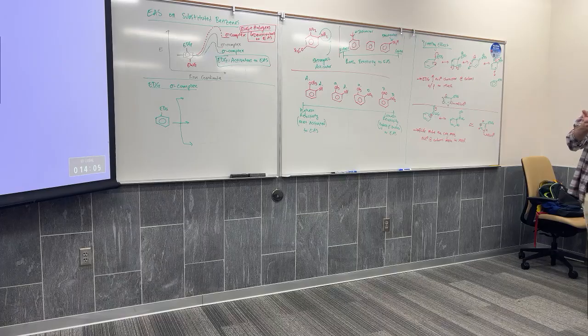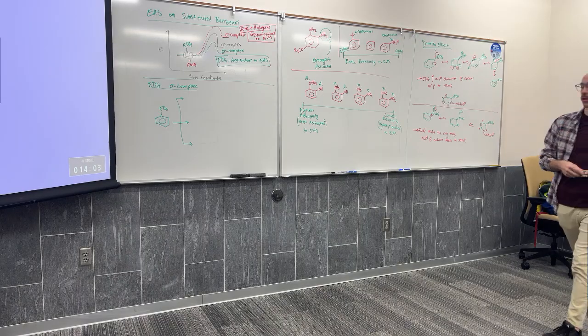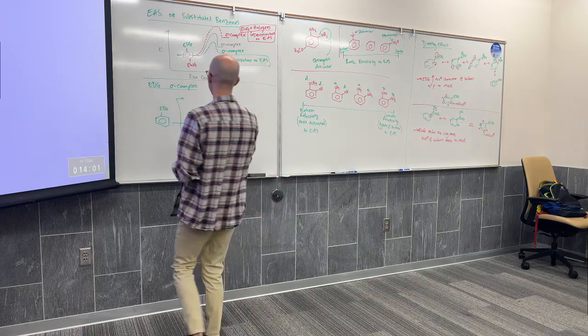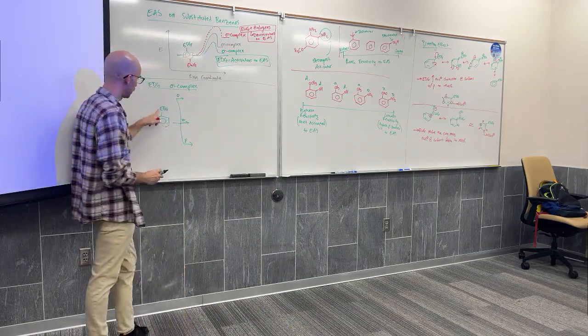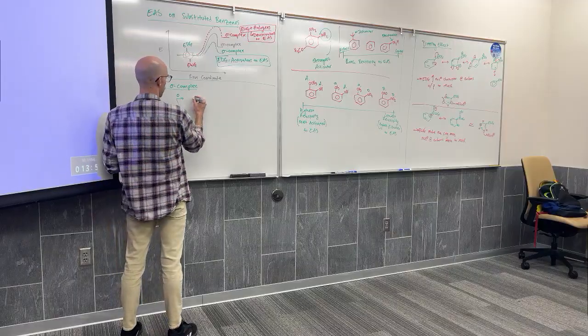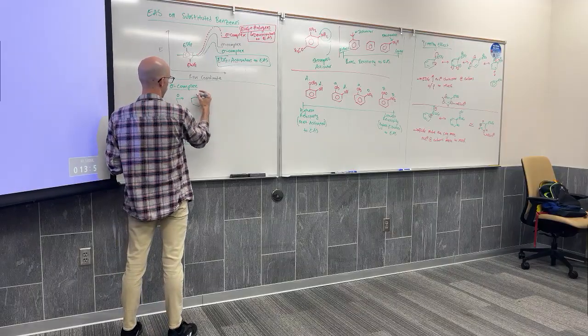The positions ortho, meta, and para to itself. So what happens if the ring attacks ortho, meta, and para to this electron withdrawing group? We're going to look at the sigma complexes that form.